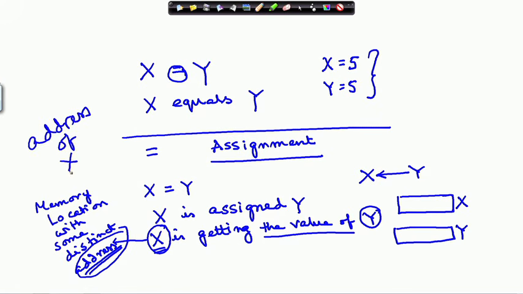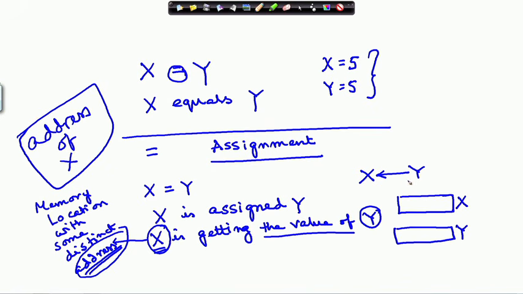of x, all right. And who has allocated the address of x or the address of y? The compiler. Now, when I am doing assignment, this x is assigned the value of y. Suppose y had the value 5. Now, this 5 is written over here and this also becomes 5.